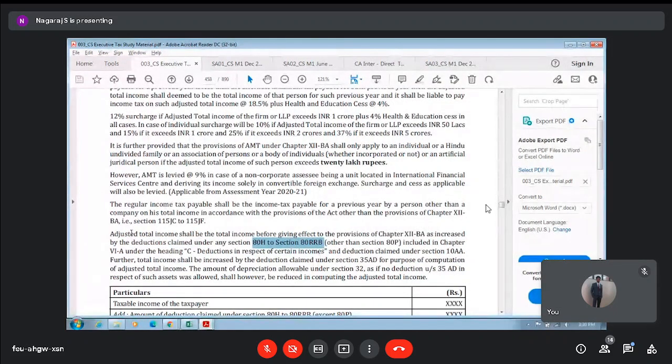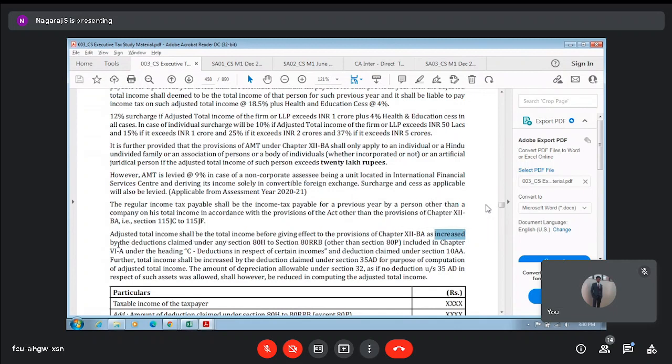Okay. Adjusted total income. See here. Adjusted total income means what? It shall be the total income before giving effect to the provisions of Chapter 12BA as increased. Increased means adding. After increased means add to total income.